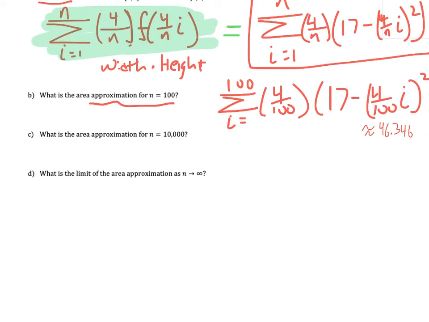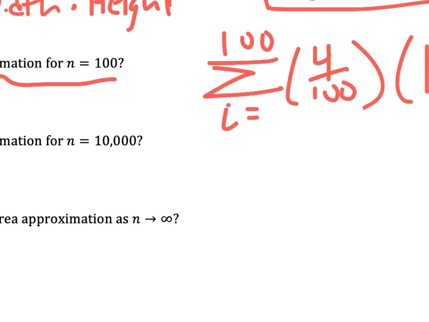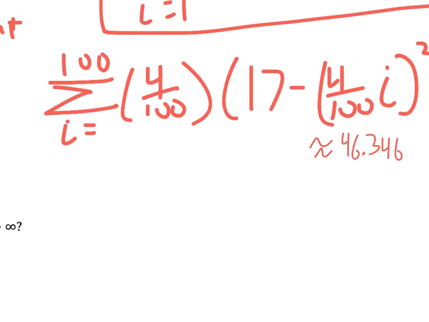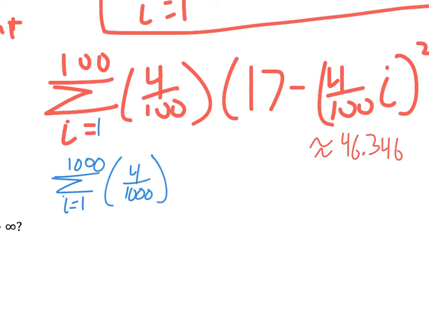So this would be the sum of, same thing here, i equals 1 to 1,000 of 4 over 1,000 times 17 minus 4 over 1,000 times i squared.